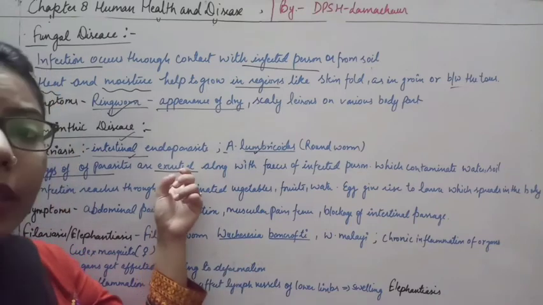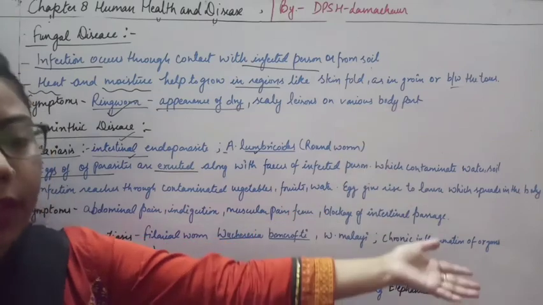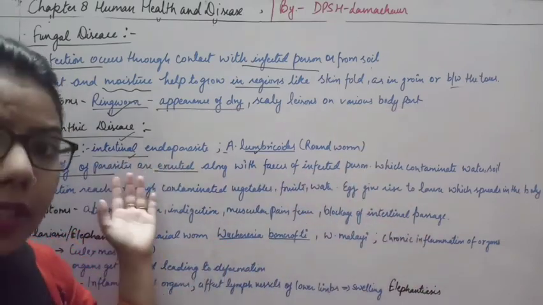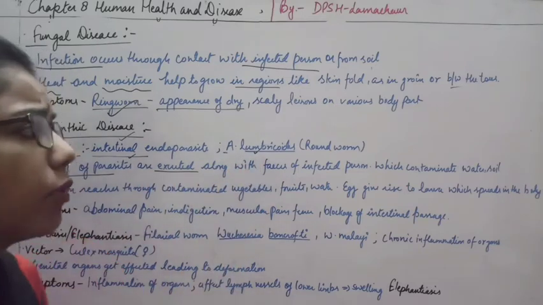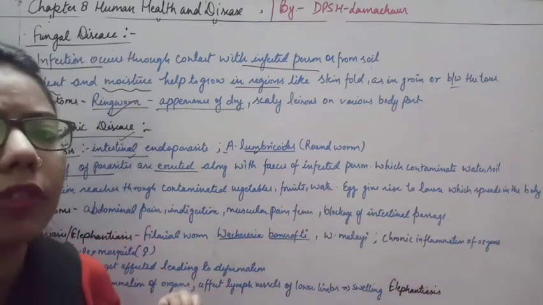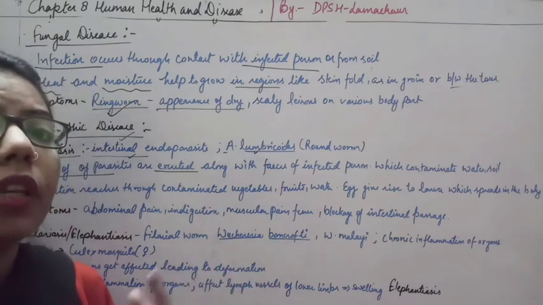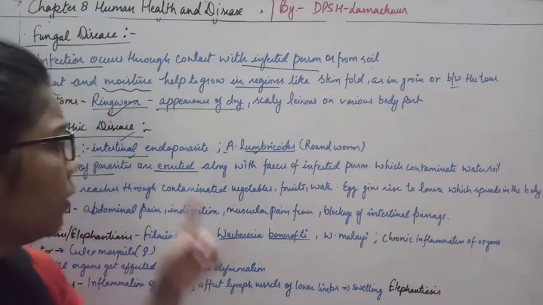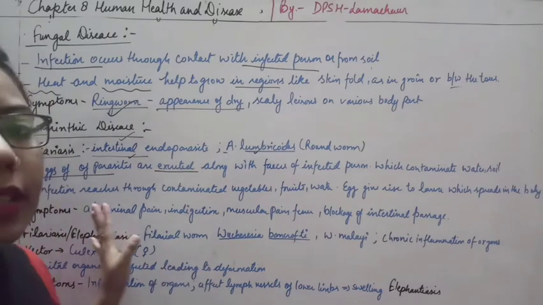If it comes in contact with any food, or the water, or any plant, and after that we eat that food or drink that water which is contaminated with the eggs of the parasite, what will happen? It will give rise to this disease.